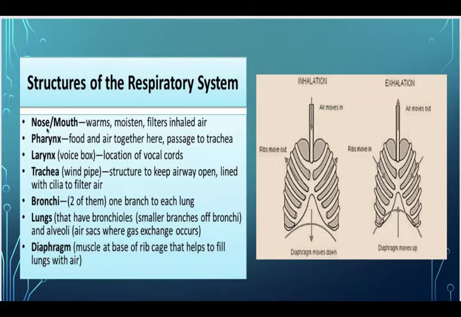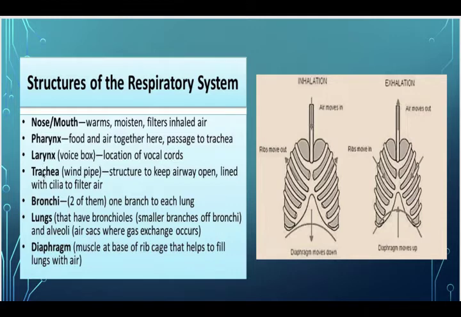Now see here, this is the first part of our respiratory tract, that is the nose or mouth, where the inhaled air gets warmed, moistened and filtered through the hair present in our nostrils, and then it comes into the pharynx region, which is the common part of the food pipe as well as the windpipe, and then it passes to the next part, the larynx, which is also considered the voice box, and the location of vocal cords is here, which helps to form our speech.